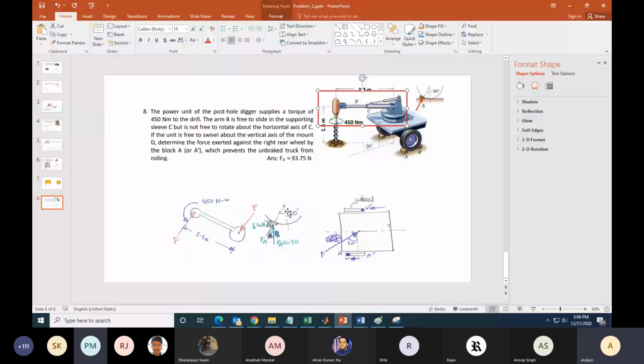Clear? But in the answer it is given FA prime. Sir, the force with blue ink on the body. Yes, this one. Sir, if you take the cos component, how will it be balanced? There are reactions at the wheels, perpendicular to the wheels.